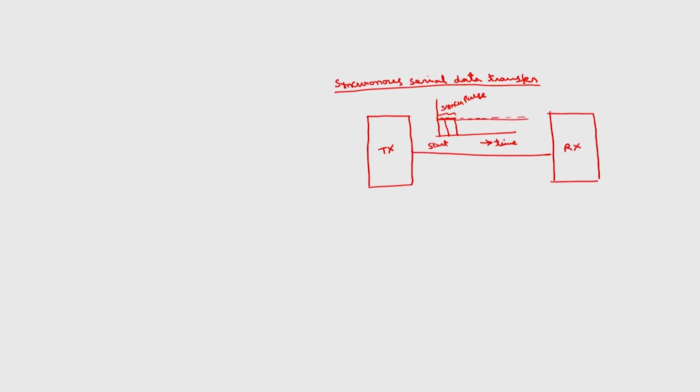Then this will be followed by the data. This is data. This type of data transfer is faster because both will be operated at the same clock. This is important. Both devices will operate at the same clock.